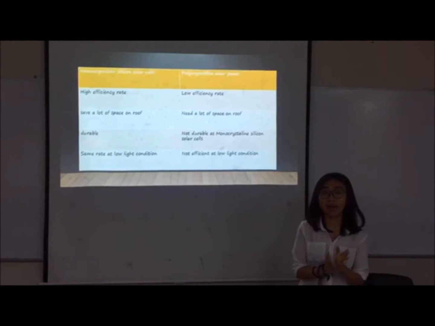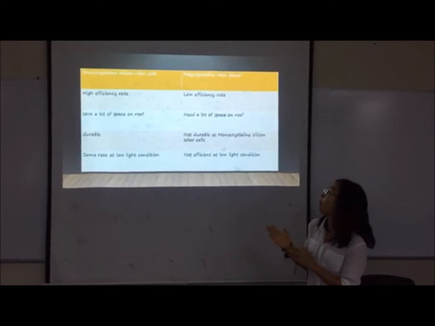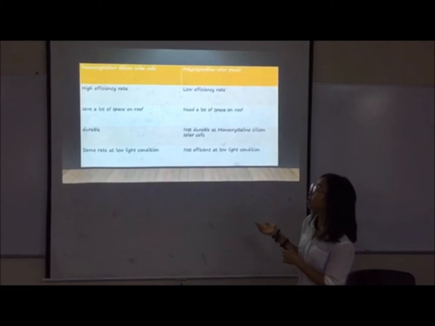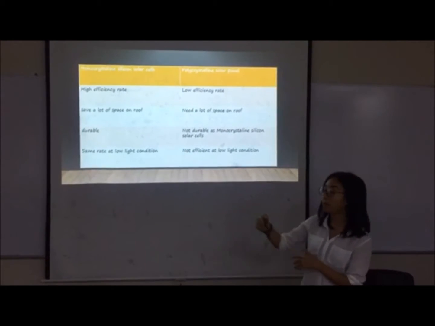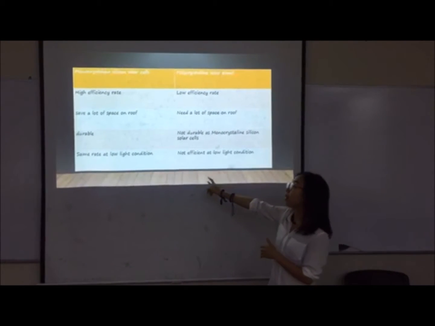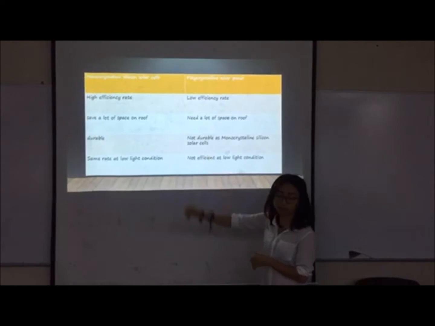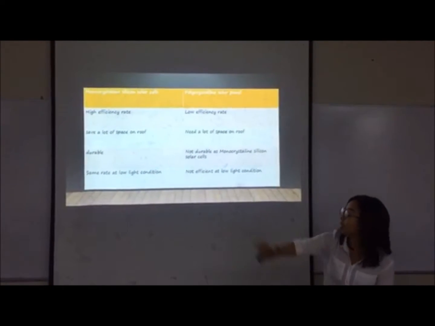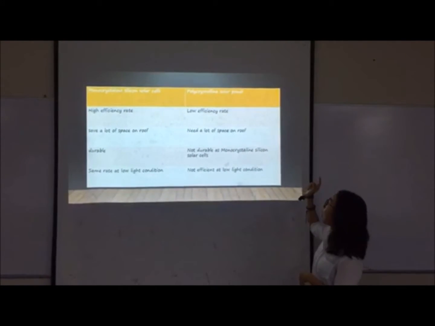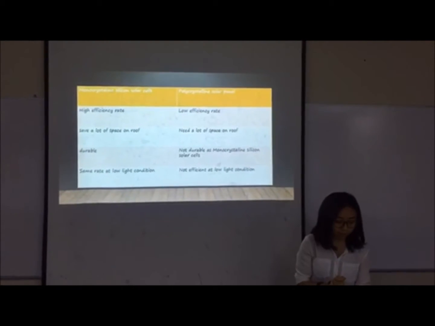In this project, I recommend using the monocrystalline solar panel. Why? From here we can see that it has a high efficiency rate, compared to polycrystalline, which has low efficiency. Why?